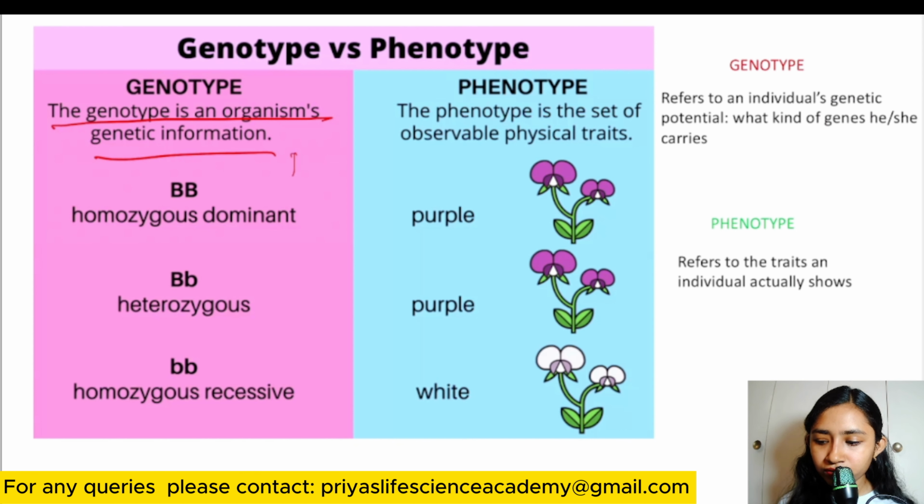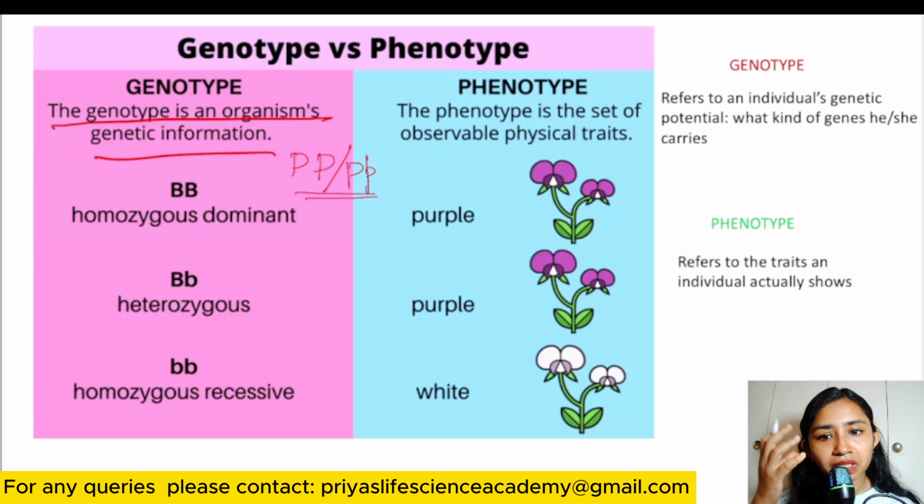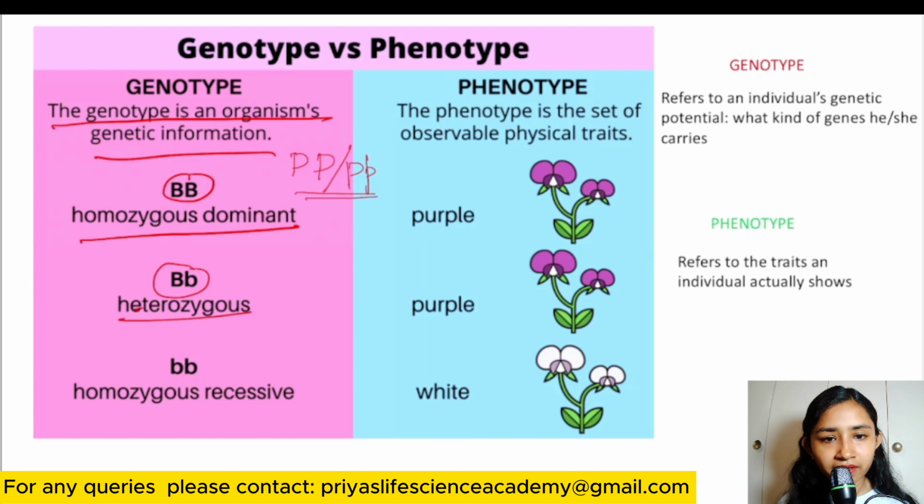I will write both alleles, capital P capital P or capital P small p, because both of them can produce the purple colored flower. So the genotype is what alleles the organism possesses, for example homozygous capital B capital B, or heterozygous capital B small b.